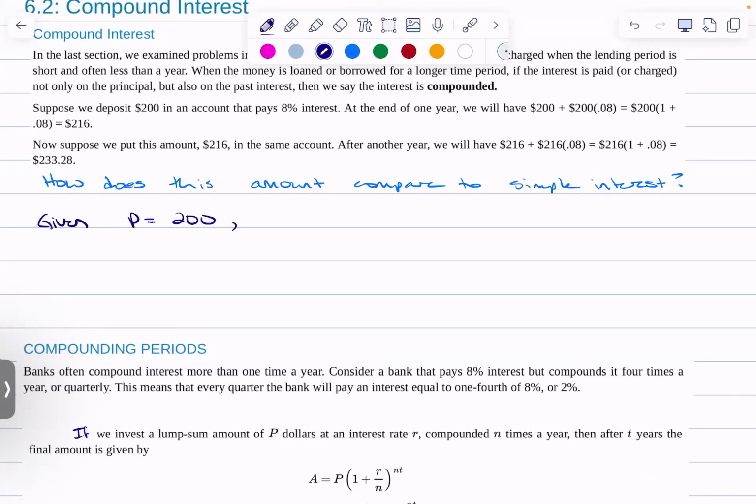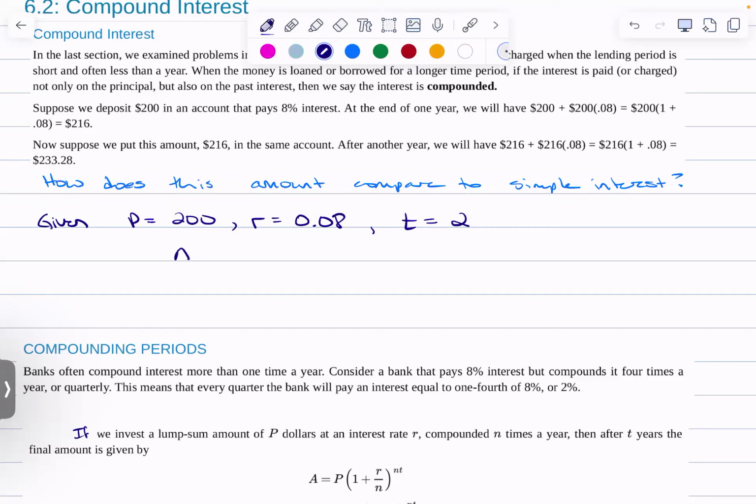And to save some space here, I'm going to just write across. The rate, the interest rate was 0.08 because it's 8%. And then in this scenario, T is going to be 2 years, right? Because I want to compare this $233.28 to a simple interest scenario.